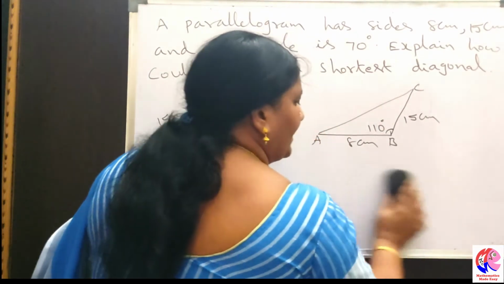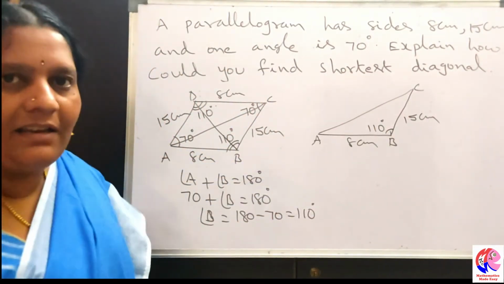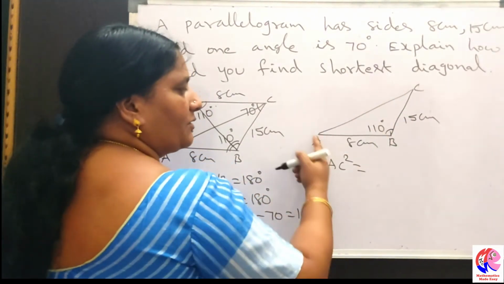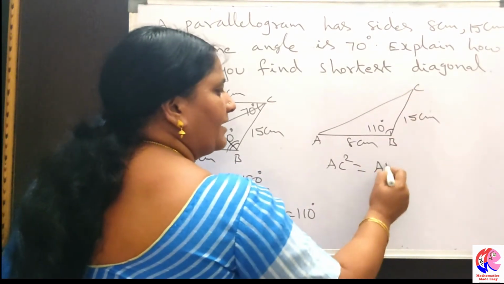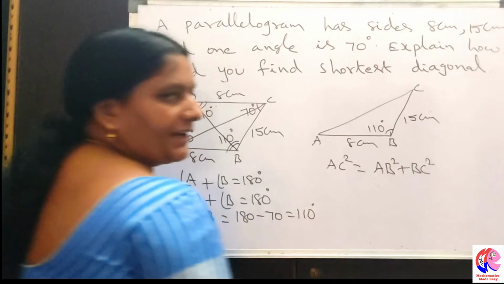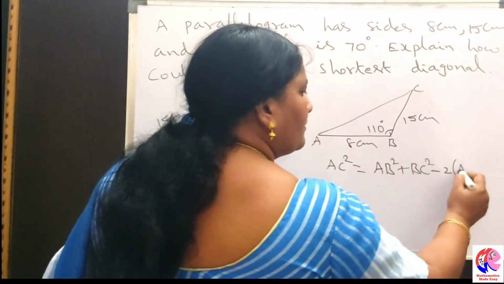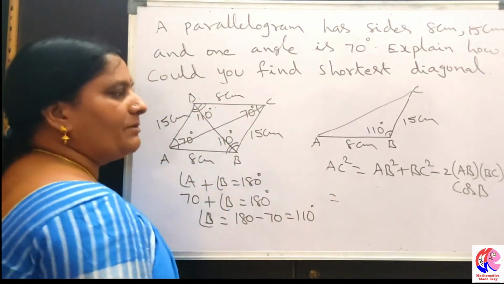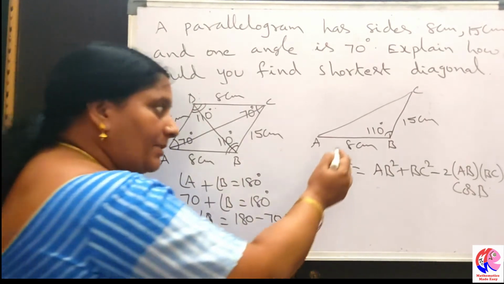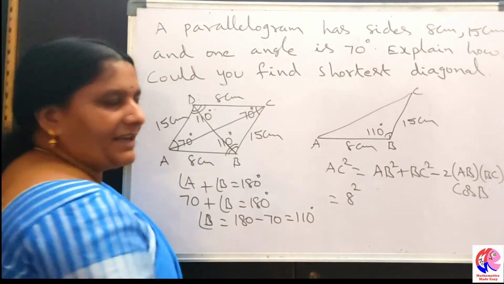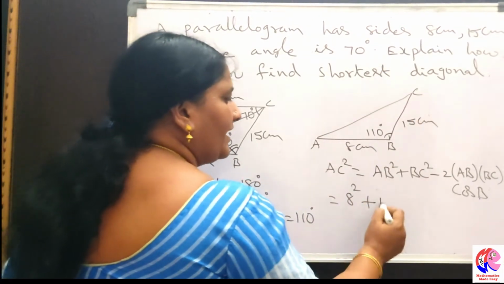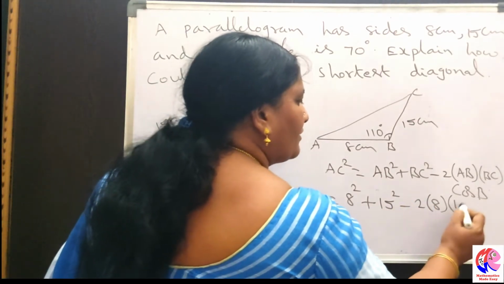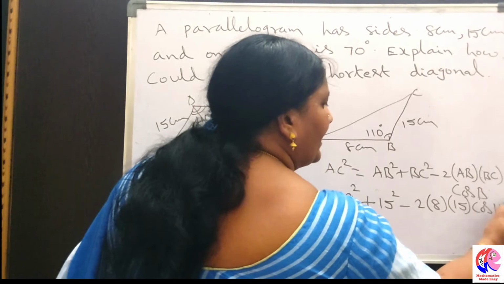In this triangle ABC, we are going to find the measure of AC. So apply the cosine rule. AC square is equal to AB square plus BC square minus 2 into AB into BC into cos B. AB is 8, so AB square is 8 square plus BC square is 15 square minus 2 into 8 into 15 cos 110 degrees.